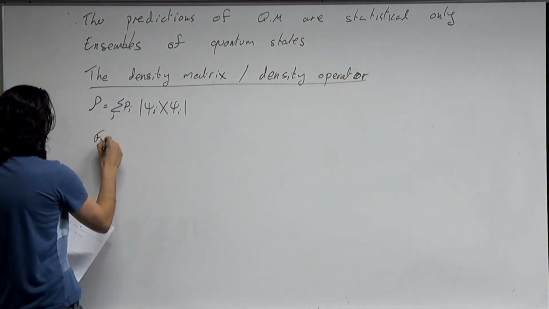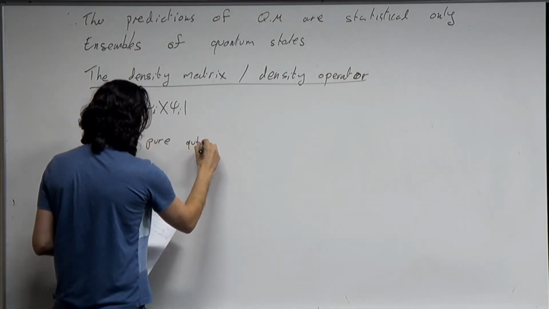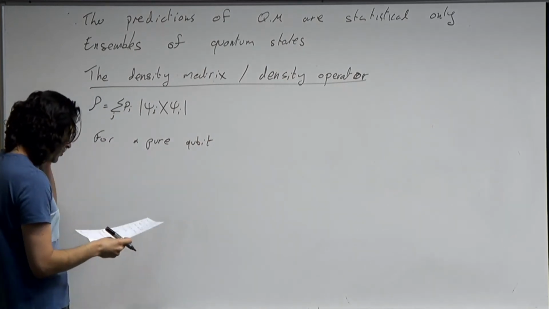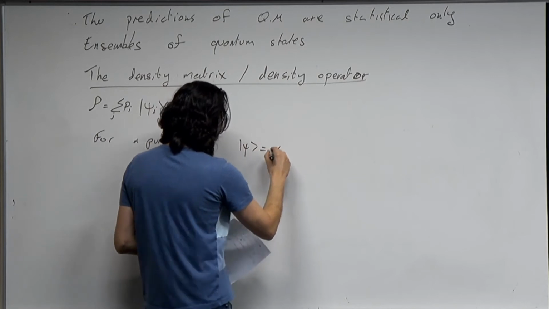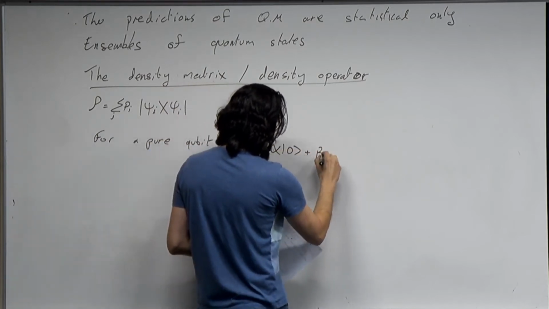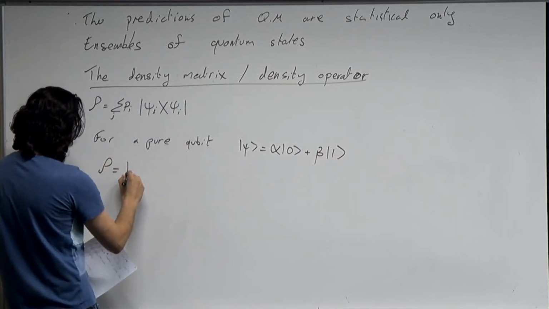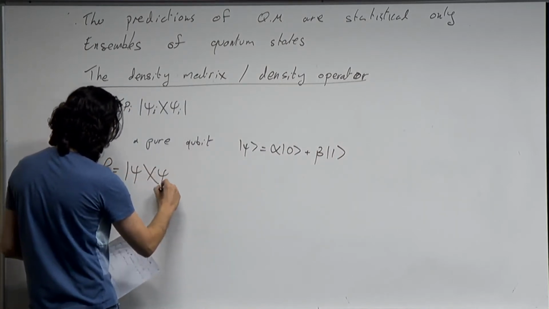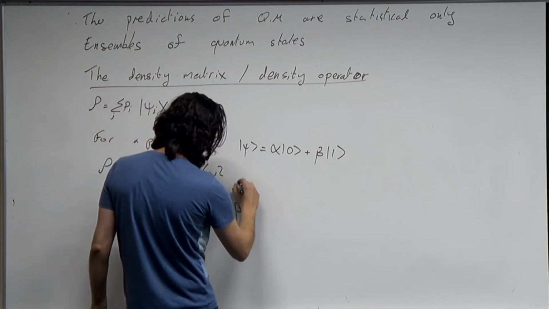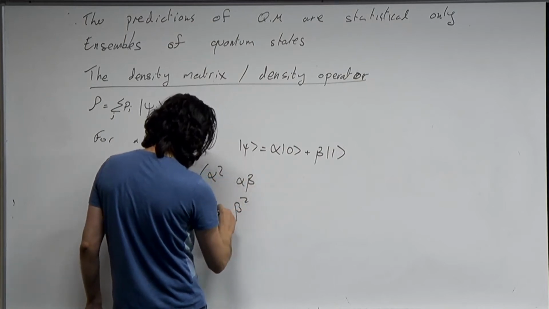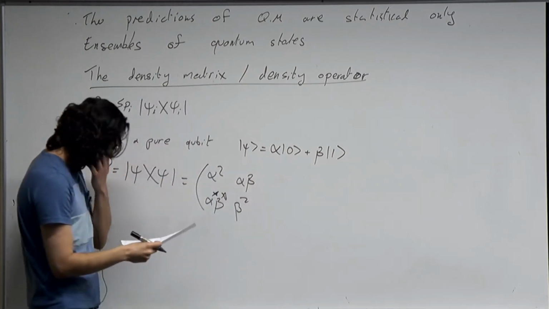Now for a pure qubit, a single qubit, which is just |psi> = alpha|0> + beta|1>, the density matrix is just |psi><psi|, which is alpha squared, beta squared, and alpha beta with the complex conjugates on the off-diagonals.